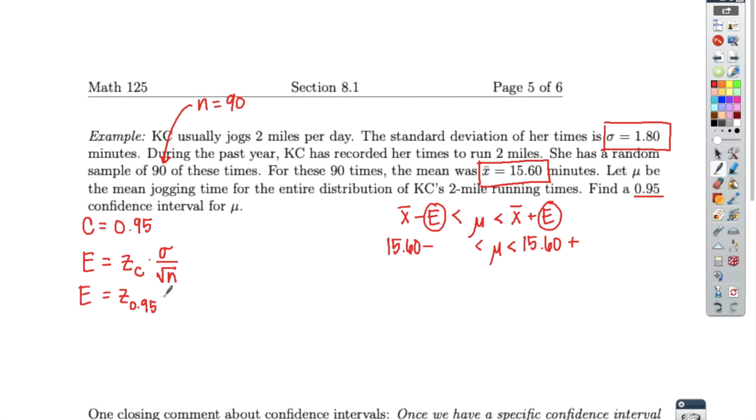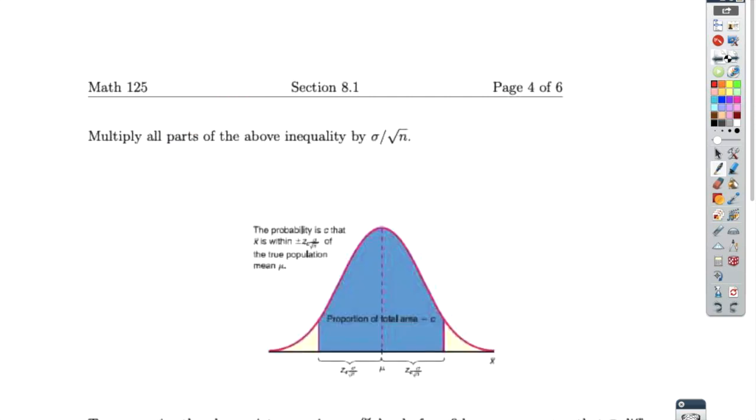Sigma is also given to us in the problem, so 1.80 over the square root of n, and n is 90. The last thing we need to think about is what this Z sub 0.95, that 95% critical value, is. Lucky for us, there's a table.